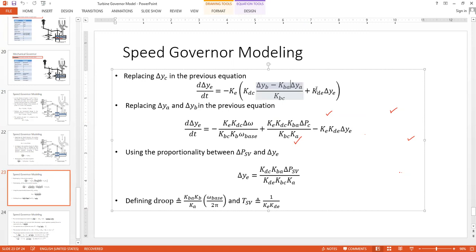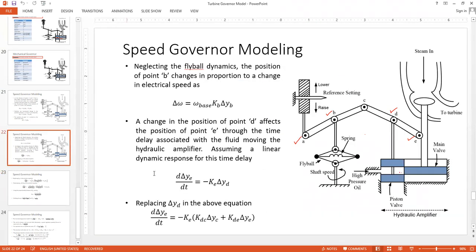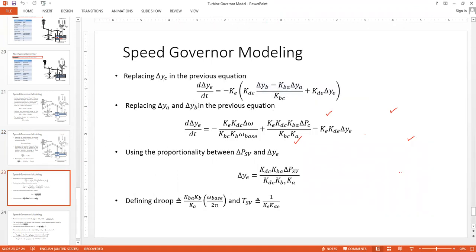So you see minus ke kde del ye is there. This is the last part, and these two are actually split. The first one is getting a minus sign. So del yb is what? Del yb is taken from the expression present over here. So del yb should be del omega divided by omega base kb. That is taken here, del omega base kb.